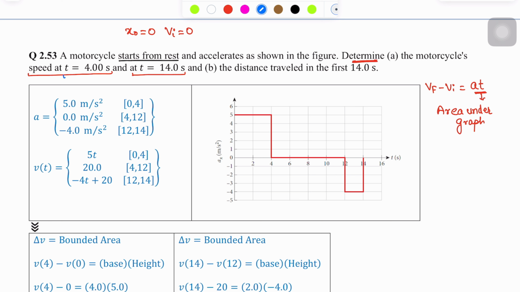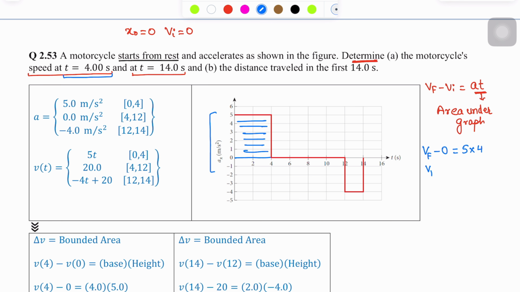Clear? First is 4, so take 0 to 4. This area is your 0 to 4. This is your first area. So Vf, we are looking for Vf. What is the Vf minus initial velocity 0 equals? What is the A here? A is 5, multiplied by the value of T, which is 4.